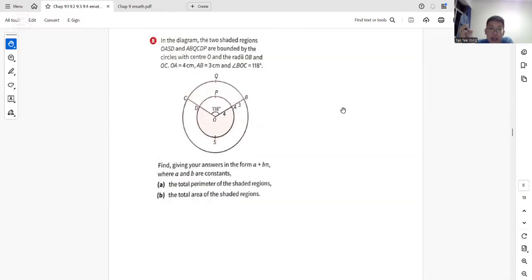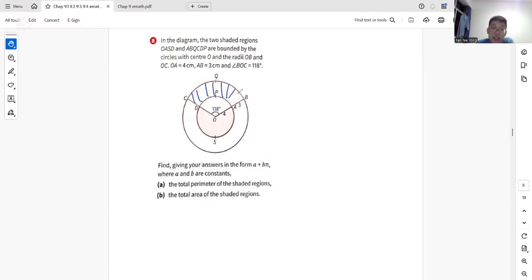Let's do question 8 together. So in the diagram, the two shaded regions OASD and ABQCDP. Wait, I think the printing is not very clear. Oh, okay, so this is supposed to be shaded as well.